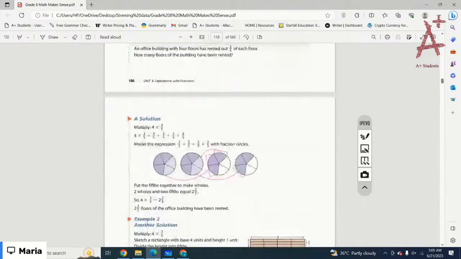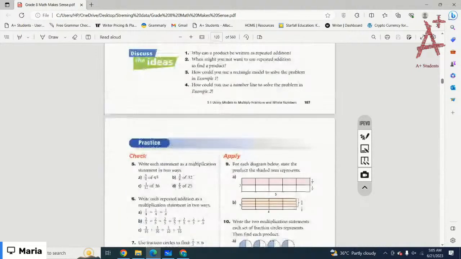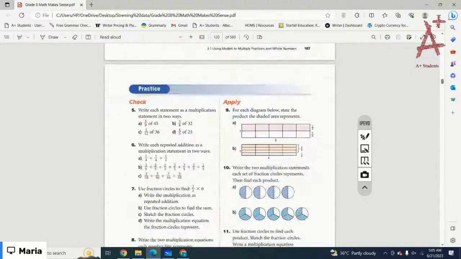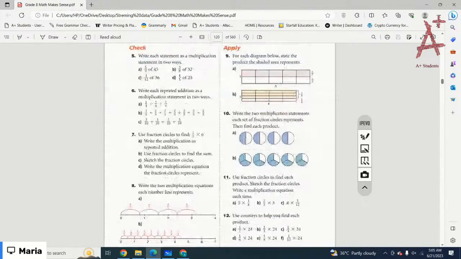Okay, let's start with the practice questions. Let's start with question number 5. Write each statement as a multiplication statement in two ways.